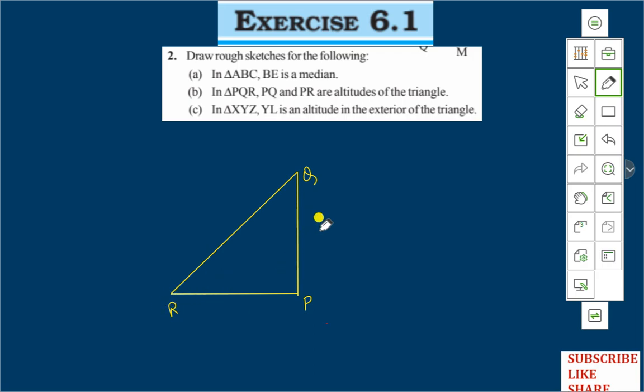Here you see this is right angle triangle PQR. PQR is a right angle triangle.